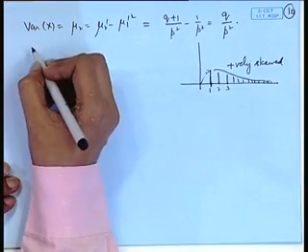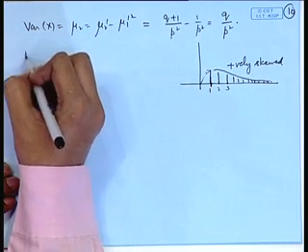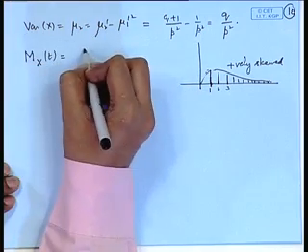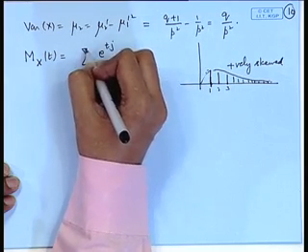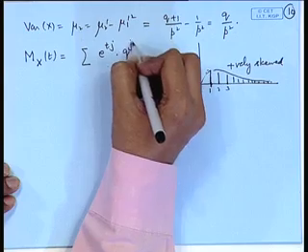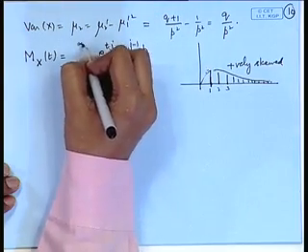We may also look at the moment generating function of this distribution. Expectation of e to the power t X. So, it is sigma e to the power t j q to the power j minus 1 p, j is equal to 1 to infinity.